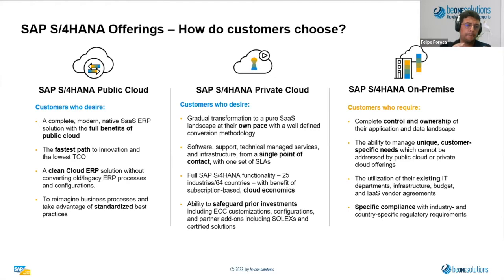So in a nutshell, and again, high level, because the next slides will give you some more details about these differences, these are the big differences between these three versions, right? Public, directly with SAP; private, also directly with SAP, but with more flexibility; and then the on-premise, which is very similar to the private cloud, is the option where you have your own infrastructure.